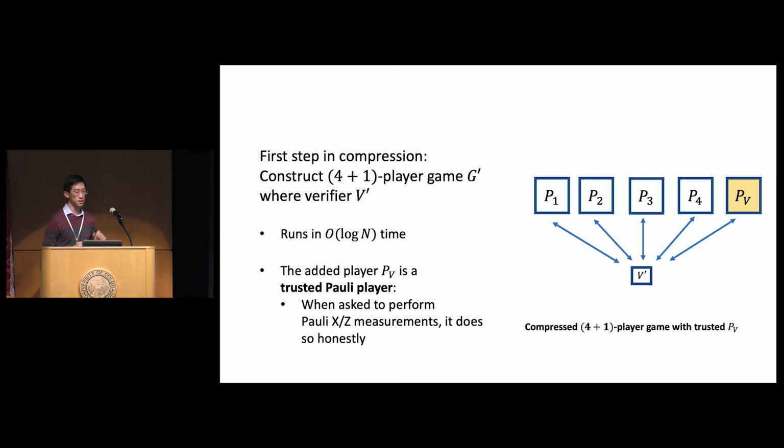So it'll perform poly X and Z measurements, and you trust it to do so honestly. Okay. And the rough intuition for what this piece of V is doing, it's essentially simulating, in some sense, the original verifier V. Okay, so you've sort of delegated this exponentially complex computation, the original verifier, to this prover. All right.